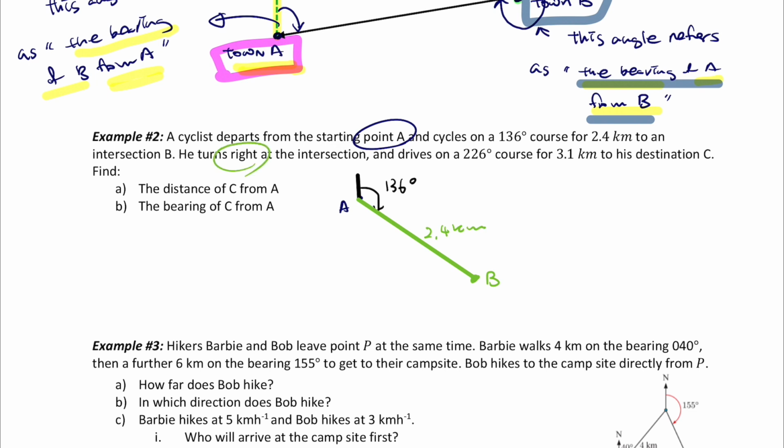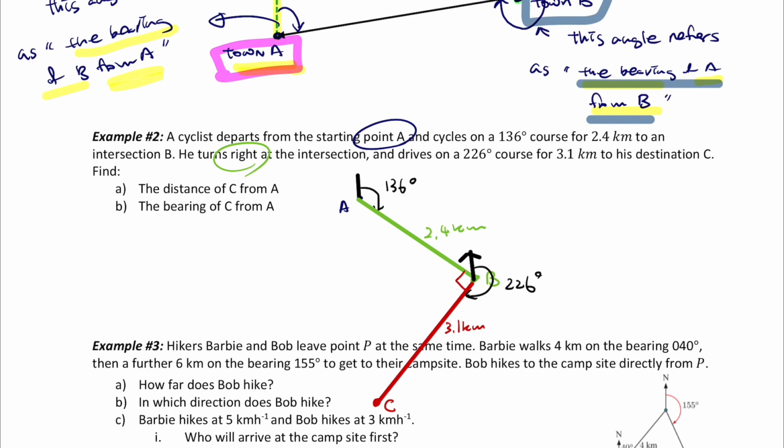Then he turns right at the intersection and drives on a 226 course for 3.1 kilometers to his destination C. So he turns right at the intersection, which creates a 90 degree turn, and using the true north line again, we know he drives on a 226 course for 3.1 kilometers to his destination point C. We need to find the distance of C from A.